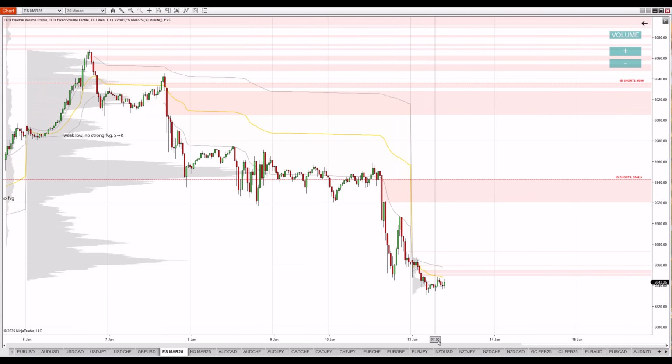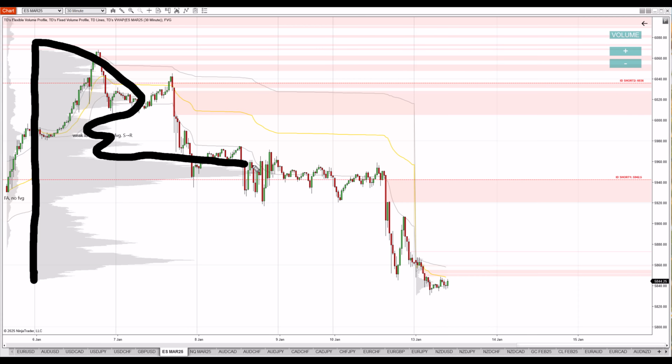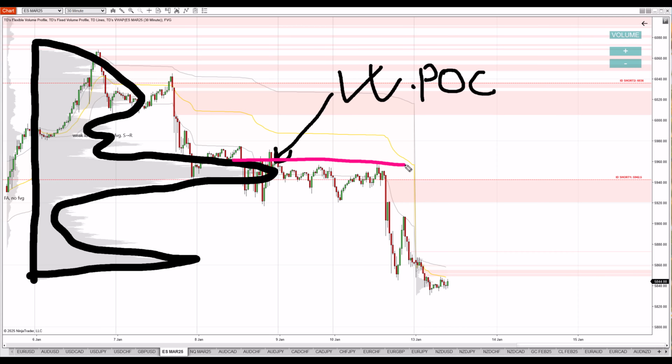If you look at the weekly profile, this is a volume profile which shows volume distribution throughout the whole previous week. The weekly point of control is in here, right? Again, this formed within a rotation from which strong selling activity started.